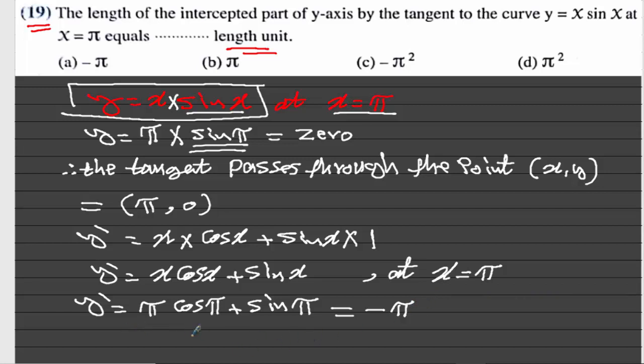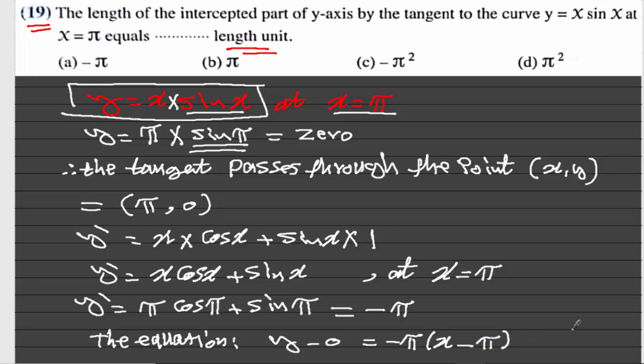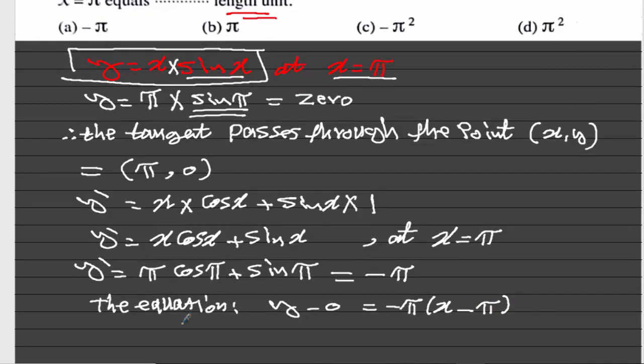Okay, so the equation of the tangent is y minus 0 equals the slope negative pi multiply x minus pi. So y equals negative pi multiply x minus pi.